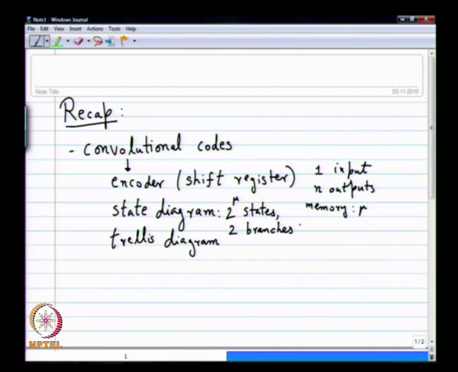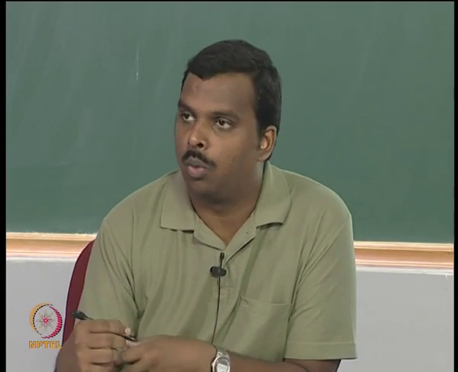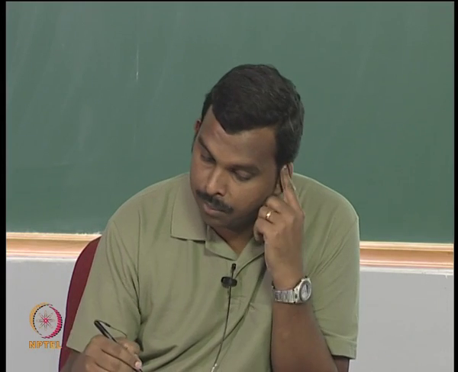So it has to be that way. Where will the n play a role? Basically each branch will be labeled with 1 bit input and a stroke and n bits as output. So that is the branch labeling.